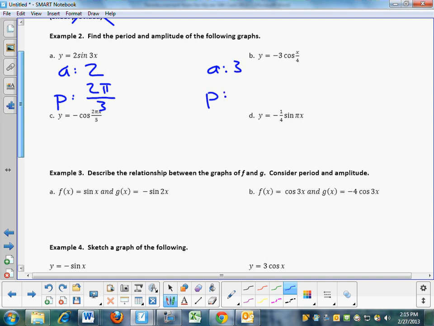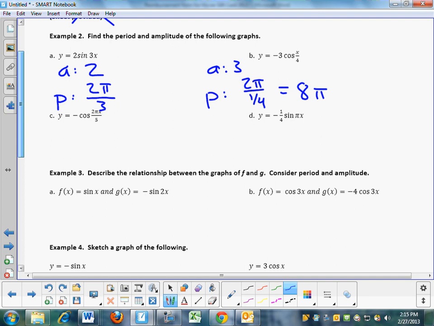The period? Pi divided by a fourth. 8 pi, multiplied by the reciprocal. 8 pi. There you go. That would be the only catch: if you're dividing by a fraction, know how to work that out.